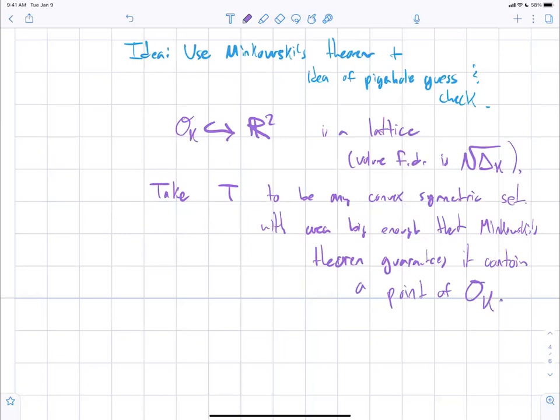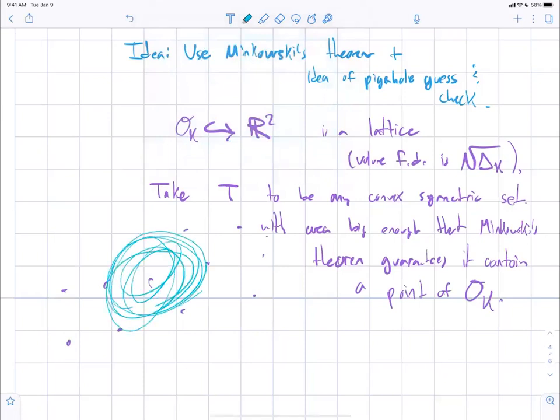Okay, so right here, let's just take T. Maybe it looks like this. Here are the lattice points for O_K, the purple dots. Then we could take T to be just a ball of sufficient radius.